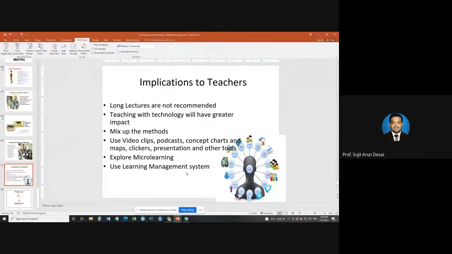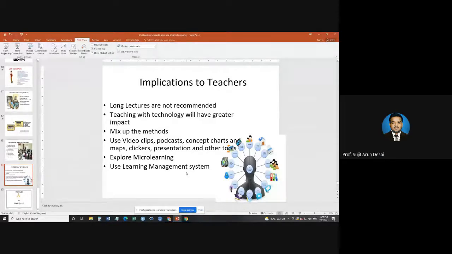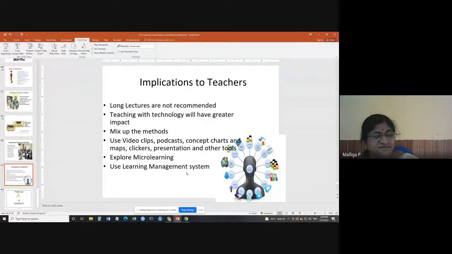Madam, one short question I had. According to the revised Bloom's taxonomy, you have explained very well. We understood all the things.